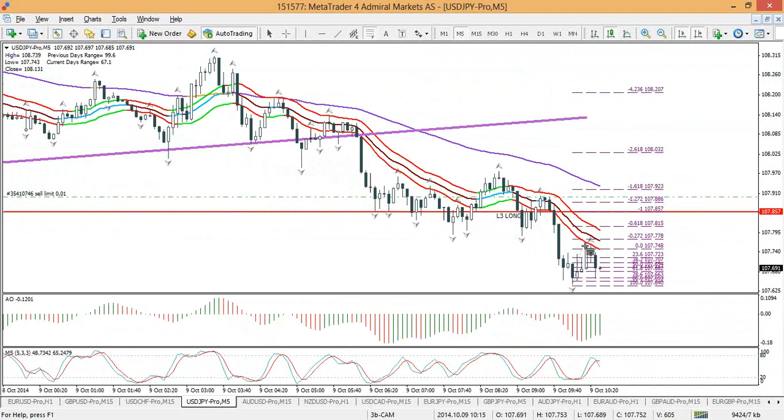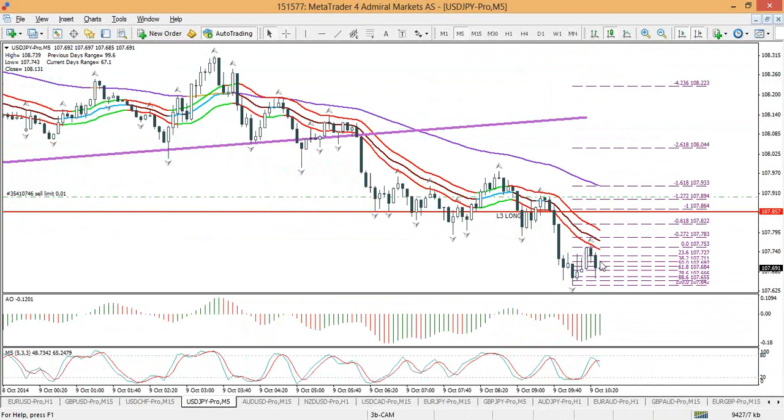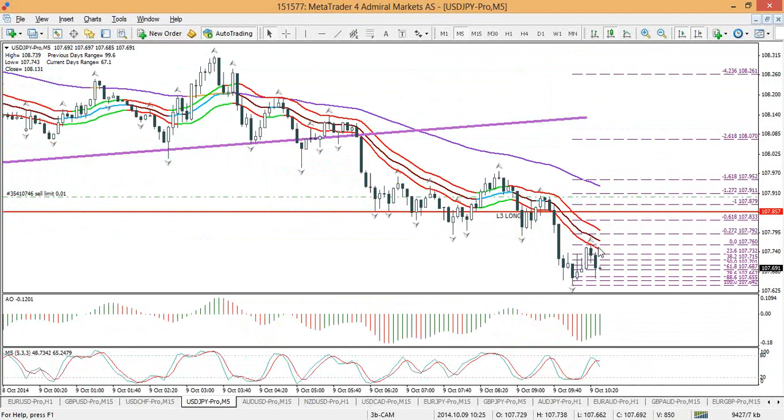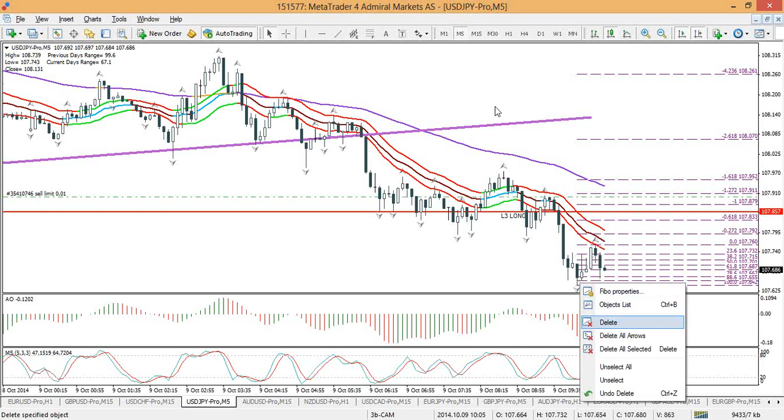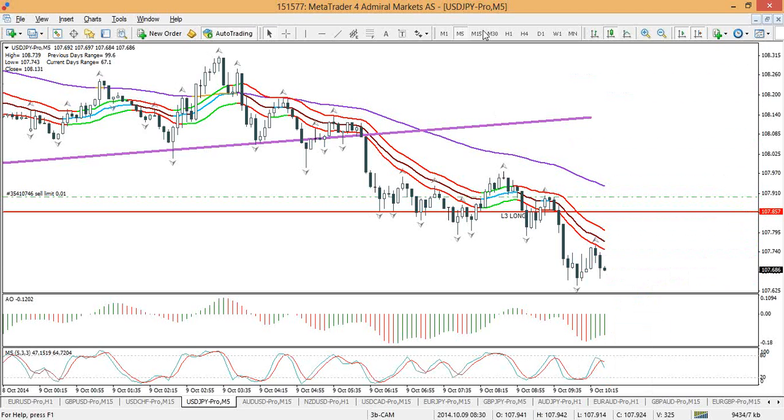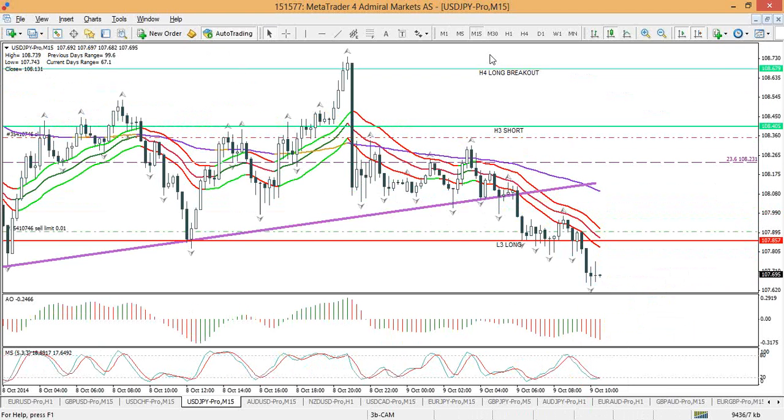If you put a fib on this very first correction, let's see, 107.83 is a minus 618 target. That could be maybe a more realistic entry, but I'll keep it there for the moment.